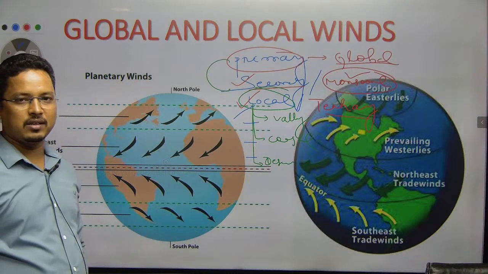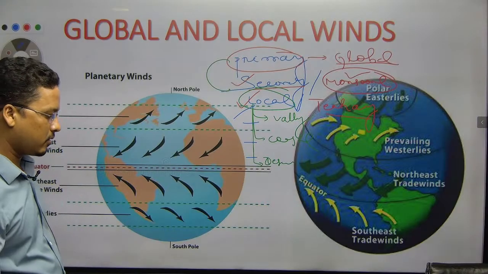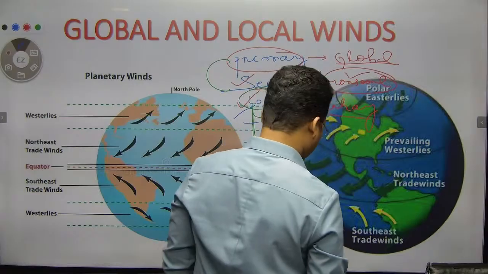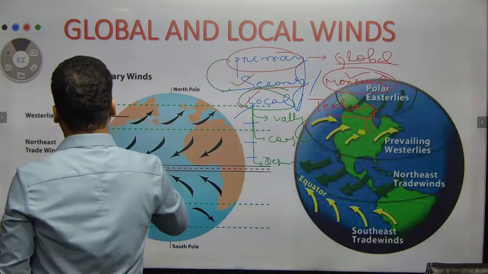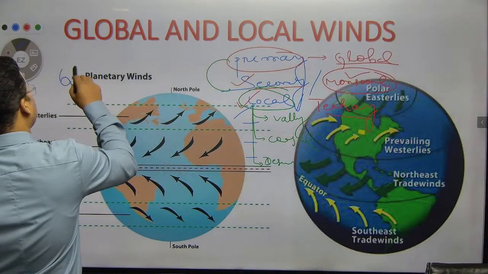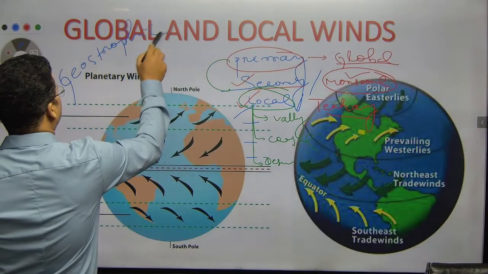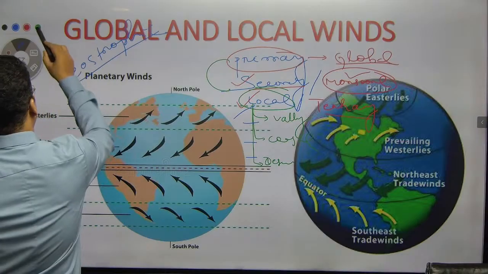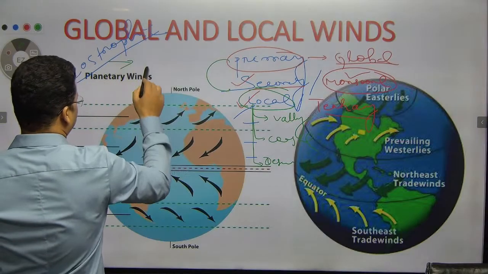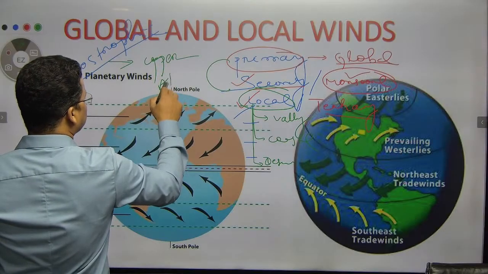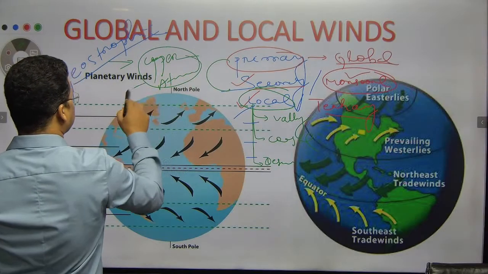And then there is another wind called geostrophic wind, right? The geostrophic wind is an upper atmospheric wind, which is like a jet stream.